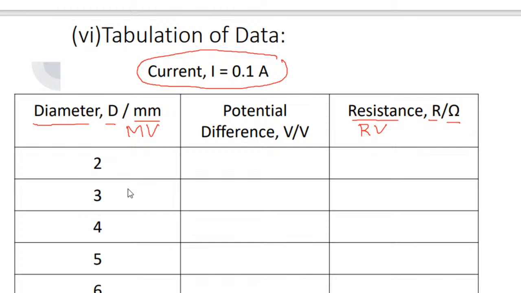Need to write formula in column? No need to write formula. Because this one, resistance R, ohm. So the resistance just now, the formula already written in the procedure. So no need to write inside here. If I totally didn't mention about current in data, can?